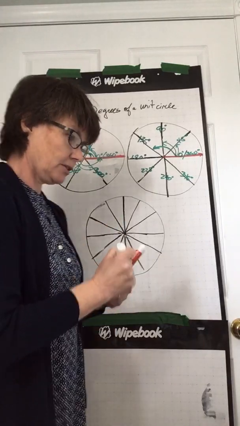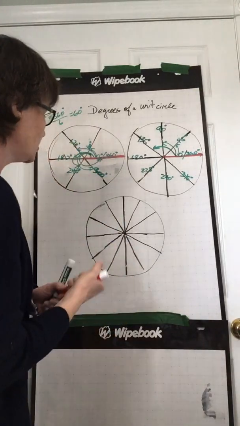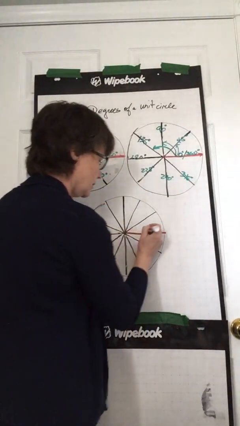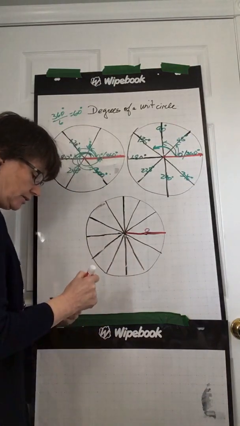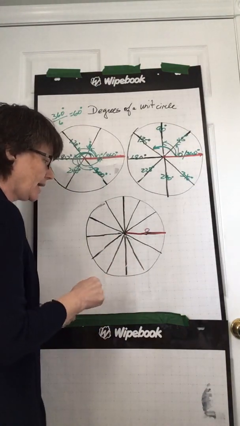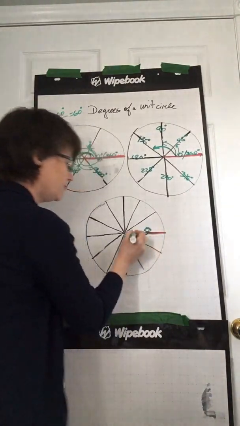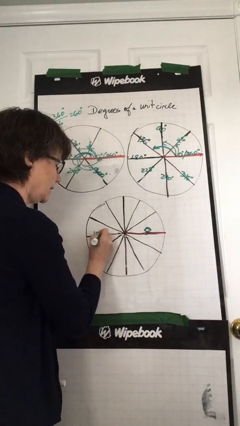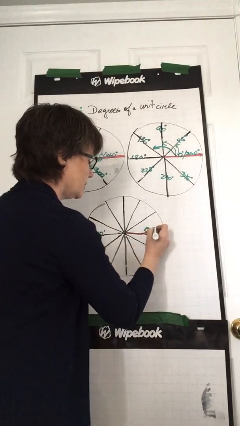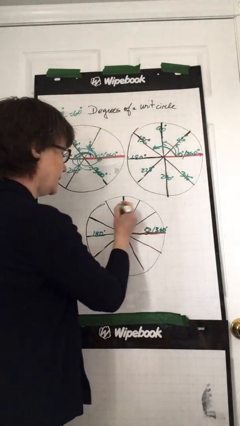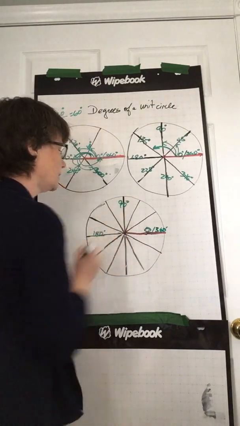Now the last circle here, again, we need to begin counting from here. So this is 0 degrees. Halfway around the circle, again, is still 180 degrees. All the way around is 360. Halfway is 90. We can still see that 90 there.